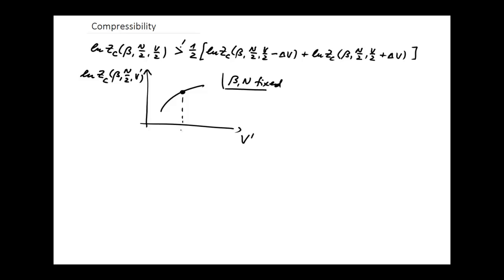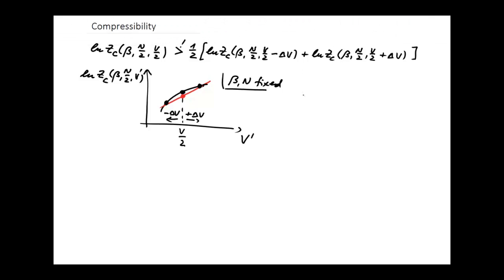So again, if here we have half the original volume, and then we vary that by plus or minus some delta volume, and we get different values for the log of the canonical partition function, the inequality tells us that if we connect these outer values by a straight line, we interpolate linearly, then the interpolation of these two values must be strictly smaller than the log of the partition function at the central value V half, and this is nothing but a condition for concavity.